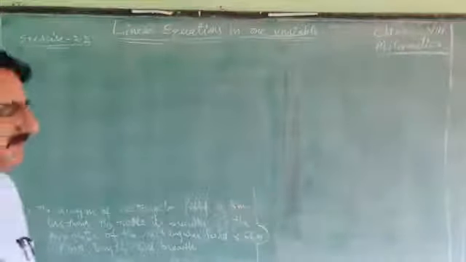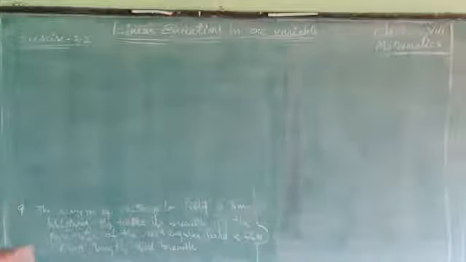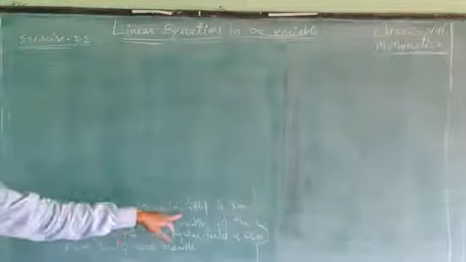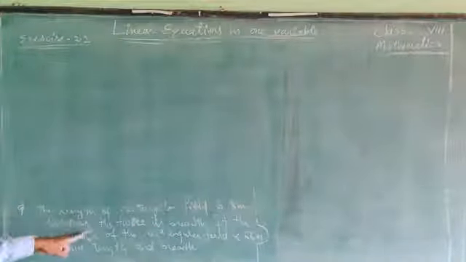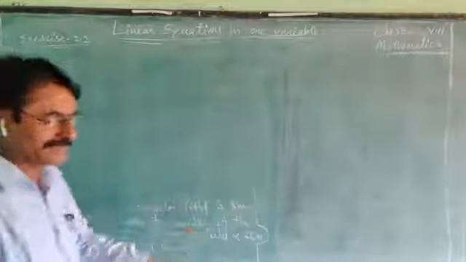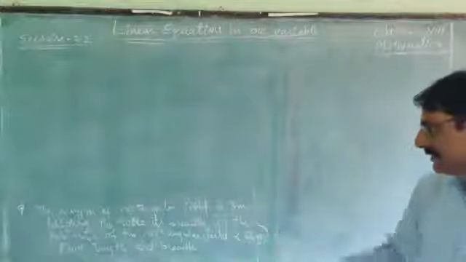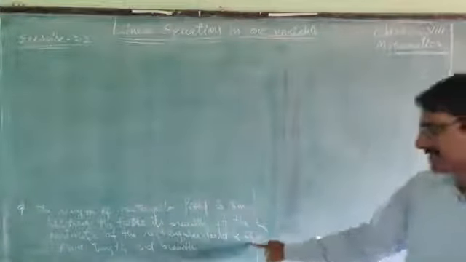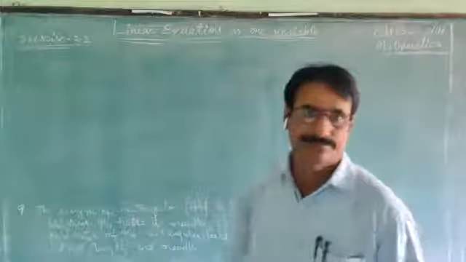Now we are going to the ninth sum. The length of a rectangular field is 8 meters less than twice its breadth. If the perimeter of the rectangular field is 56 meters, find the length and breadth.